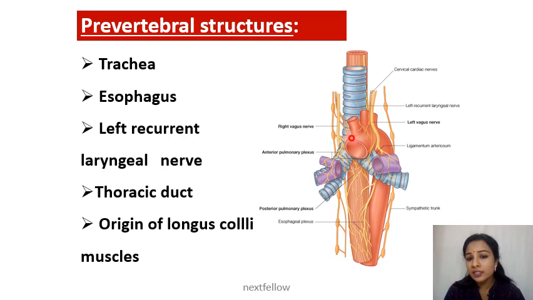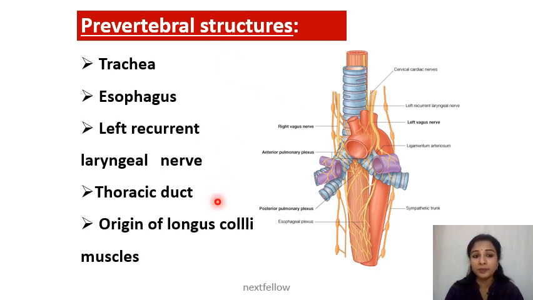The trachea bifurcates at the level of the sternal angle into right and left bronchi, which are its terminal parts. The arch of aorta also begins at the level of the sternal angle and terminates at the level of the sternal angle, continuing down as the descending aorta.